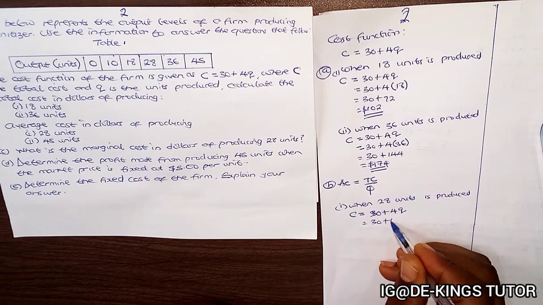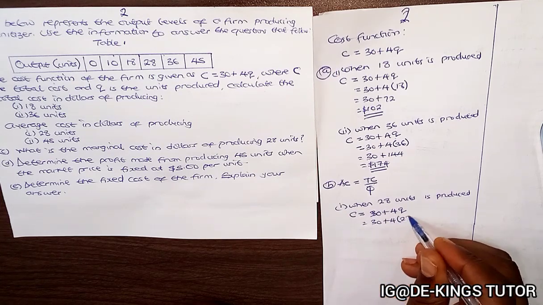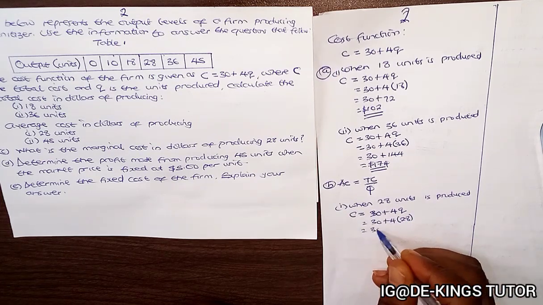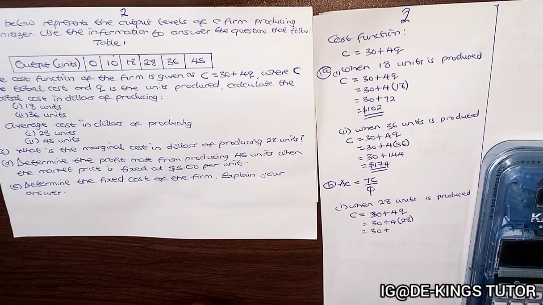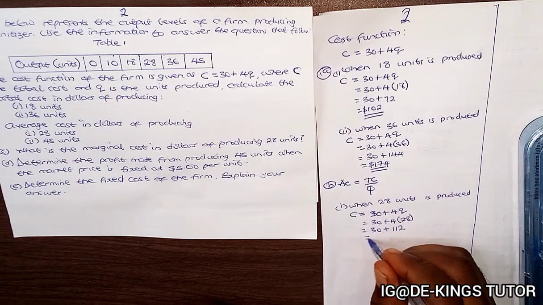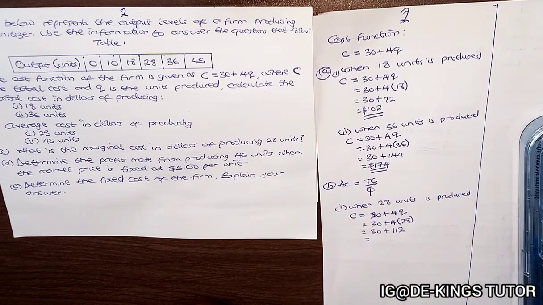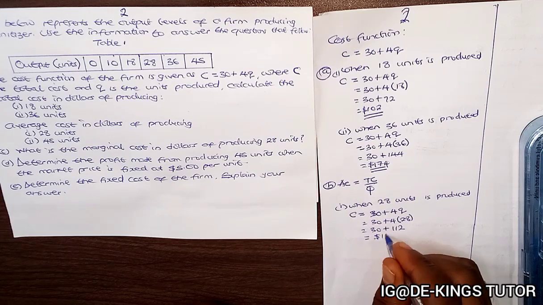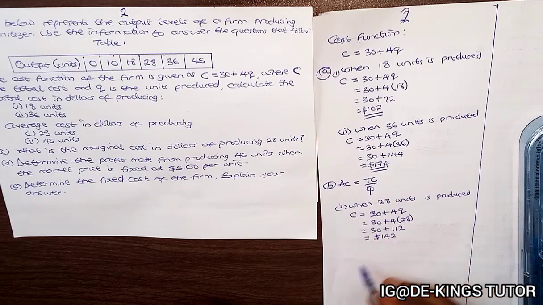So I have 30 plus 4, our Q is 28. So I have 30 plus 28 times 4, which is 112. 112 plus 30 is $142 as total cost.